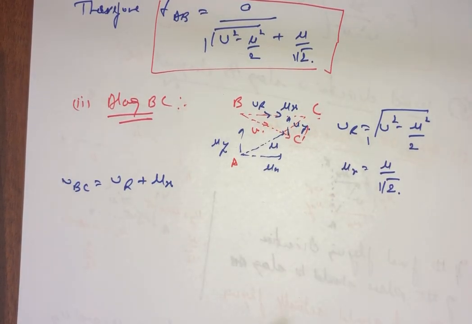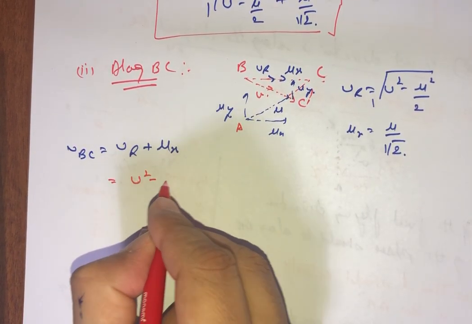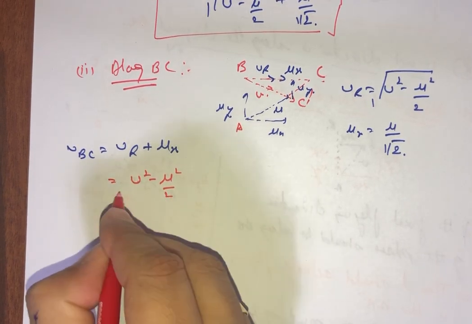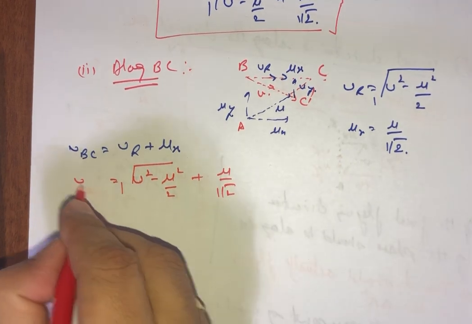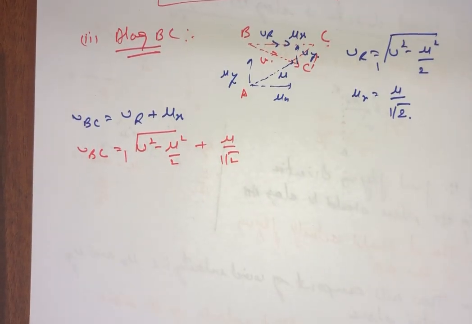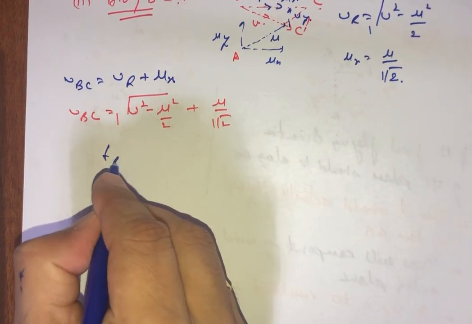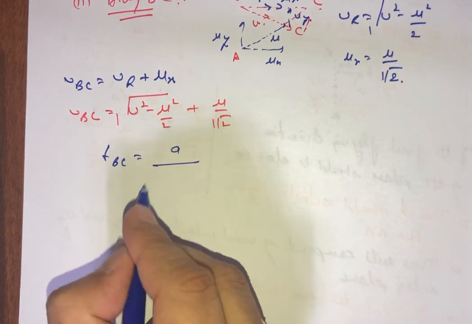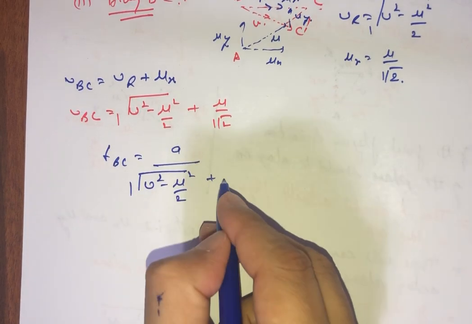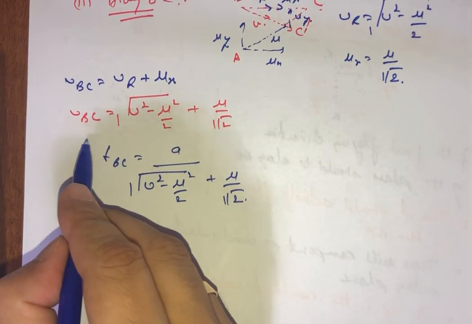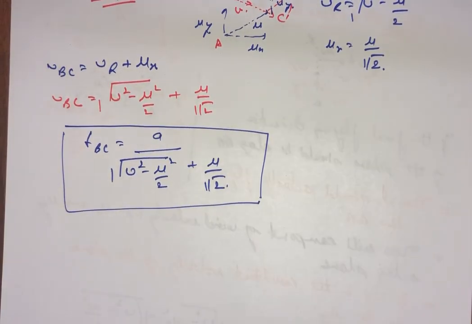So VBC is square root of V square minus U square divided by 2, plus U divided by square root of 2, that is VBC. Thus the time TBC will be equal to A divided by square root of V square minus U square divided by 2, plus U divided by square root of 2. This is our VBC, rather TBC.